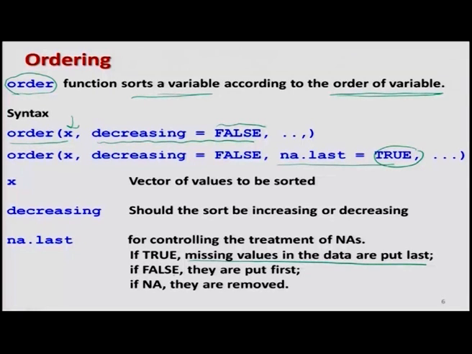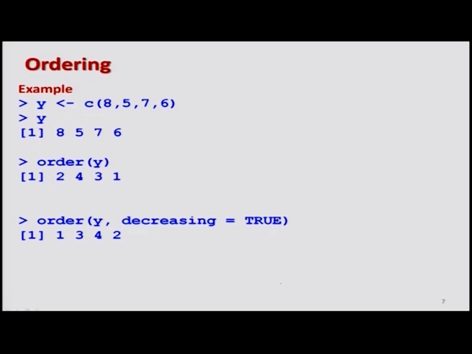And if I say FALSE, all the missing values are put in the first position. And if I say na.last is equal to NA, that means they are removed and R will not consider any of the missing values in the computation. So, now let us take some examples and try to understand.